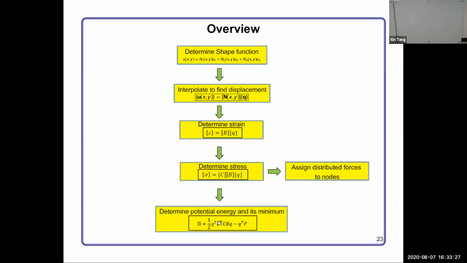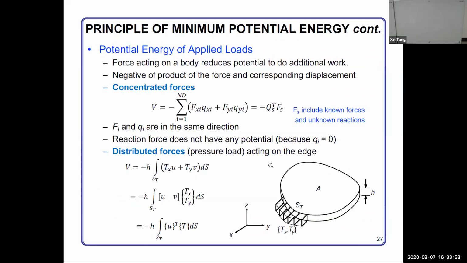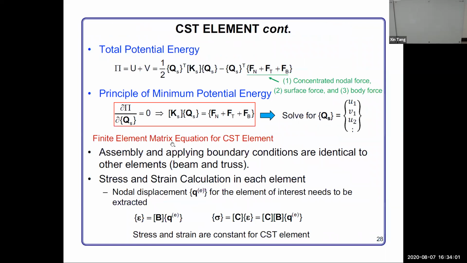One term is the strain energy. The other term is the potential energy due to the applied load. We derived both cases, how to convert those equation sets into matrix notation. We also discussed the minimum of the potential energy. By taking the derivative of the potential energy and making it equal to 0, we get this important finite element matrix equation.